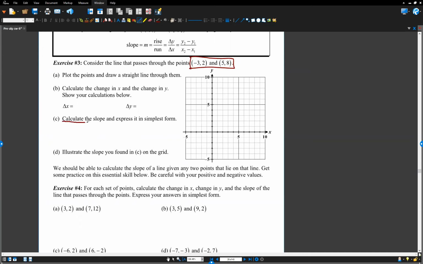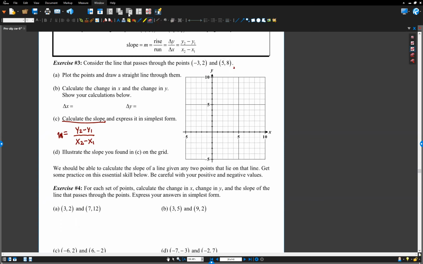Try to calculate the slope. How can you find the slope? Slope is change in y, which is y2 minus y1, that difference over x2 minus x1, right? That's the slope.